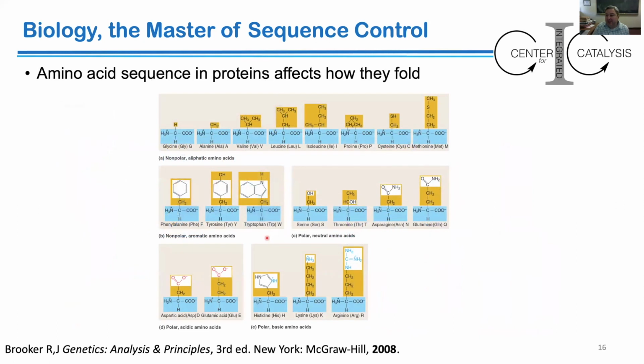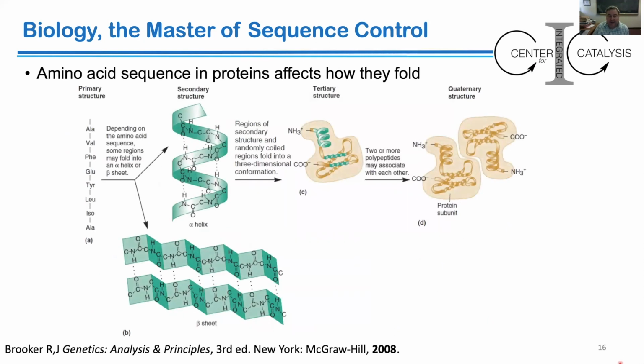But in addition to that, nature also has sequences for the amino acids, and so polypeptides and proteins that are derived from all the natural amino acids also have excellent sequence control, and that also dictates their properties.